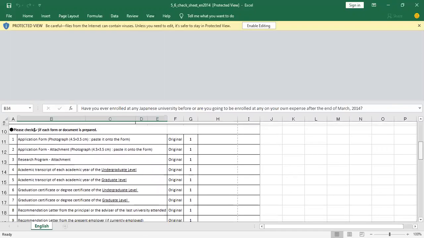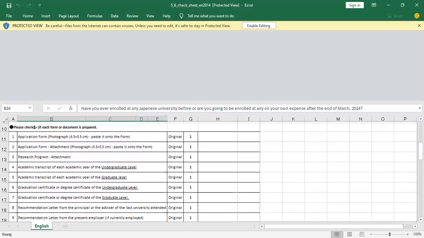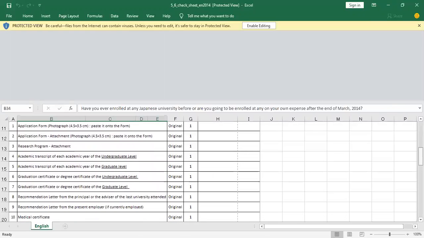You can download it separately, and it has certain information about you, about your study, and of course your field of study. Research program, there is a paper for the research program, and it is a special case.